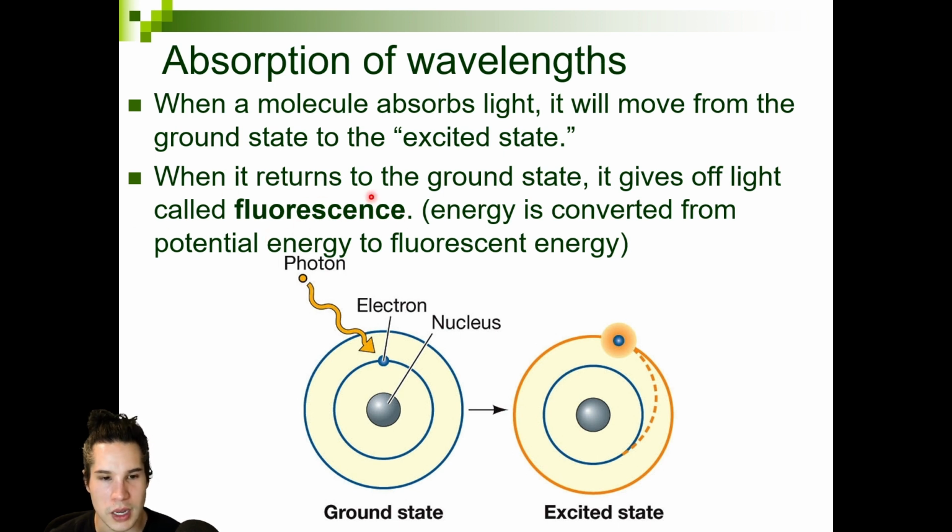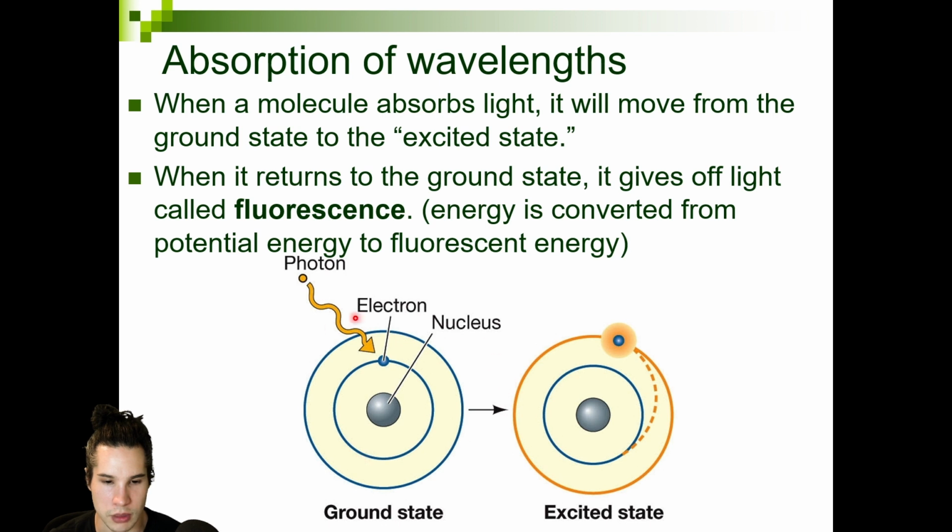Typically, fluorescence is when some substance receives light energy, or you could say it absorbs light of a high frequency, short wavelength, and then emits light of a longer wavelength.